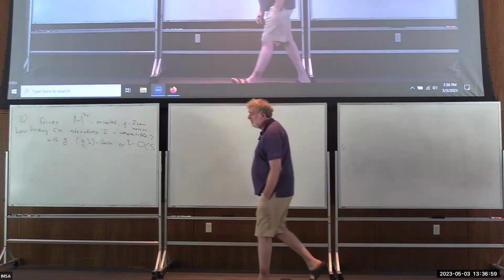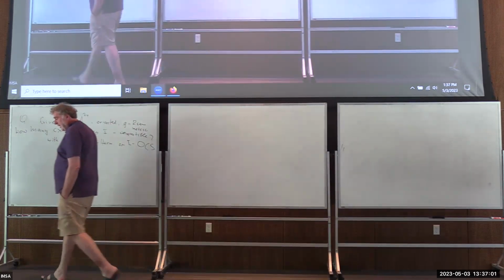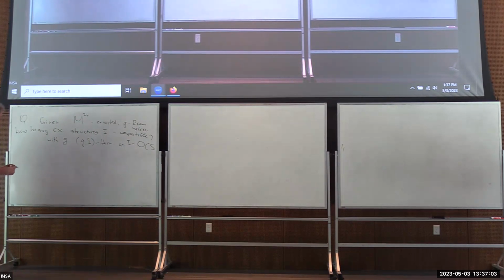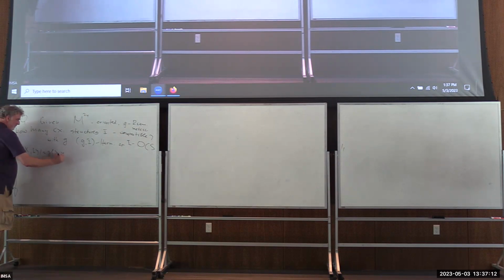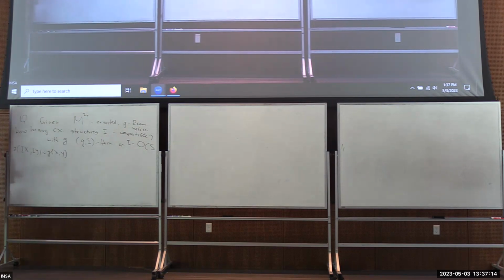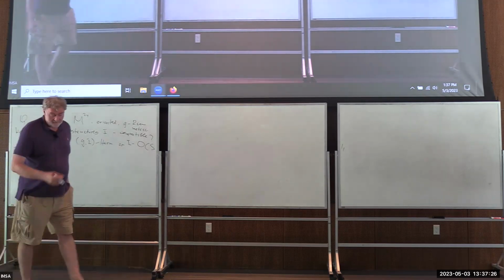Of course, when we talk about compatibility, let me write it here clearly. This is, in fact, a conformal invariant notion, so usually the question is for the conformal class. The structure compatible with the metric is actually compatible with the conformal class.